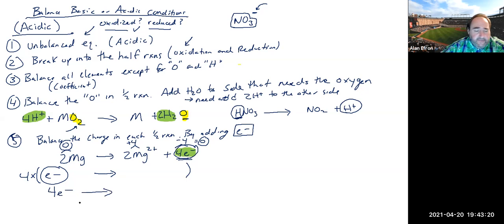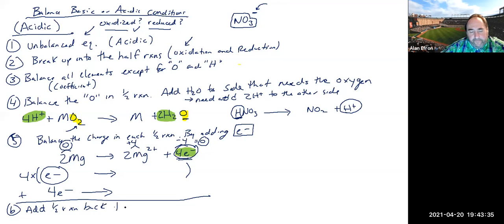You may not need to. But as long as we have the same number of electrons on both sides, we are good to go to add the half reactions back together. Again, same number of electrons on each side.